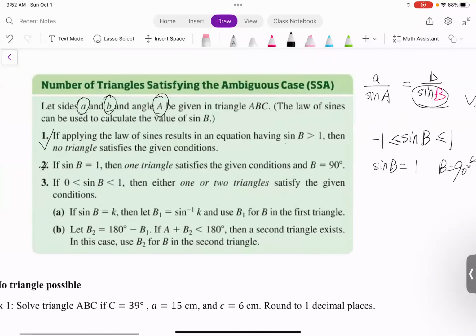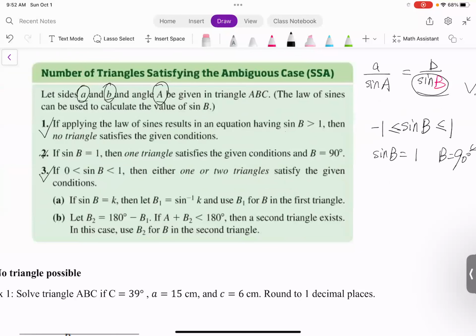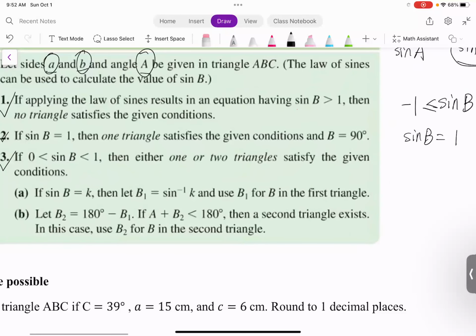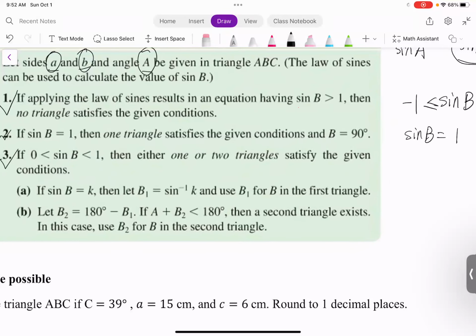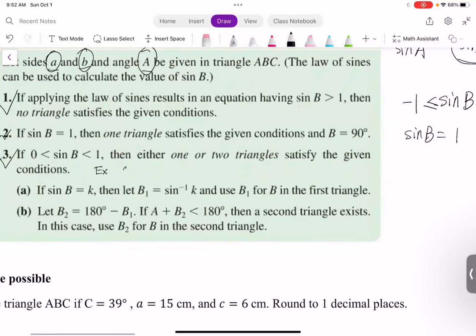And another case, number 3. In number 3, we could have one solution. We could have two solutions. If sine B is between 0 and 1 by solving it, for example, my sine B is 1/2. So maybe I have one solution, maybe I have two solutions.